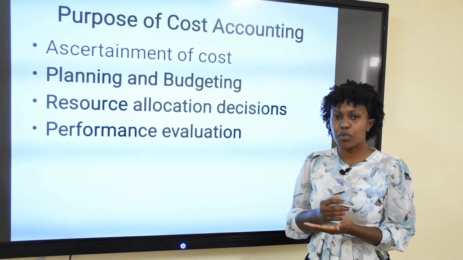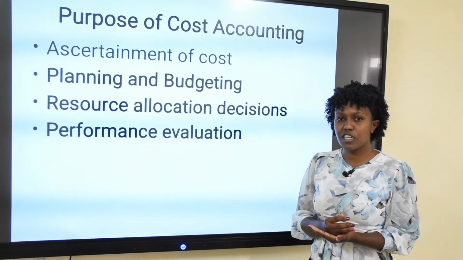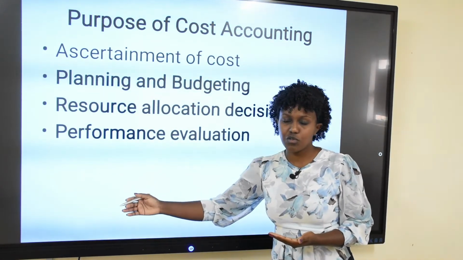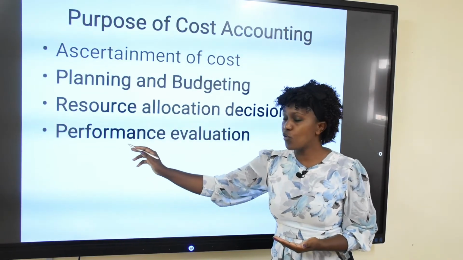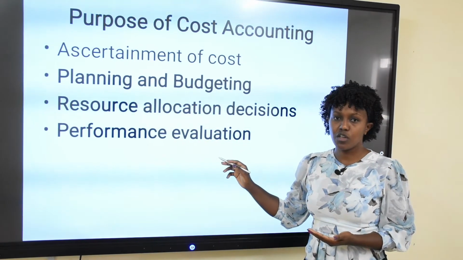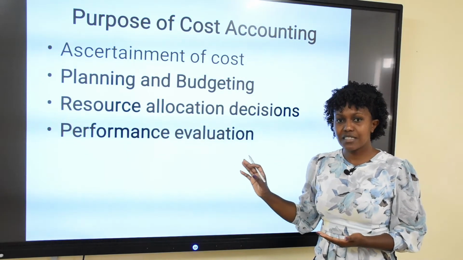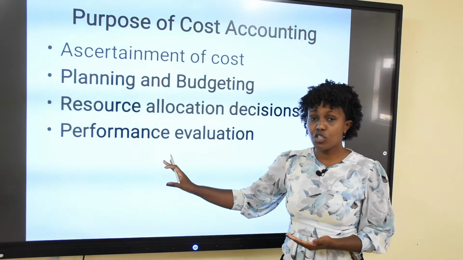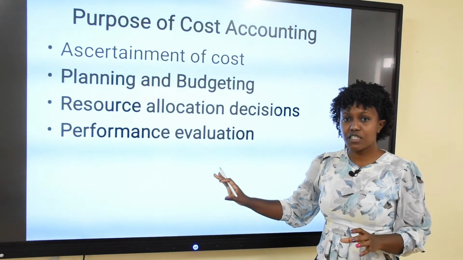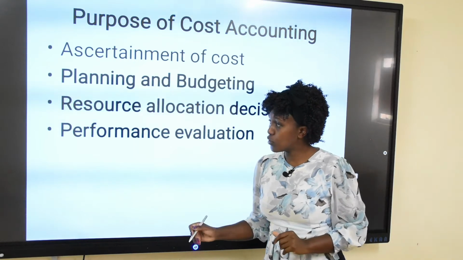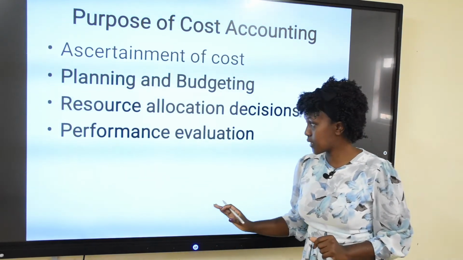If a cost was predetermined, maybe cost of manufacturing, to be a certain amount, you compare it to the actual cost that was incurred, and then you're able to do what you call performance evaluation of that department, of an individual, against a set target. So performance evaluation requires you to compare the standard or the target vis-a-vis the actual, so that you're able to make good decisions.